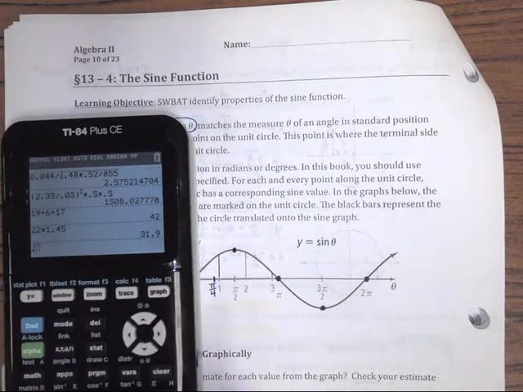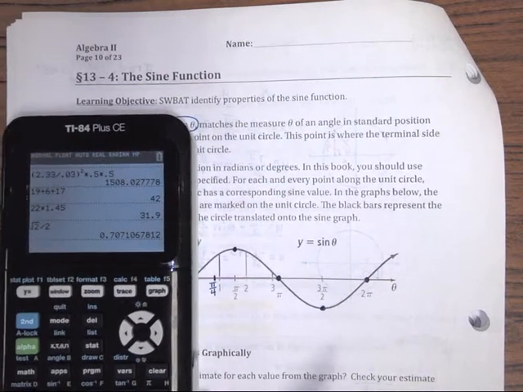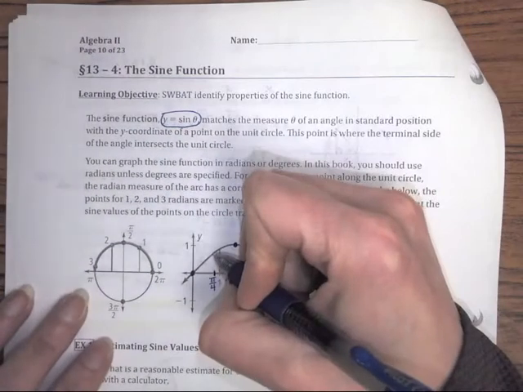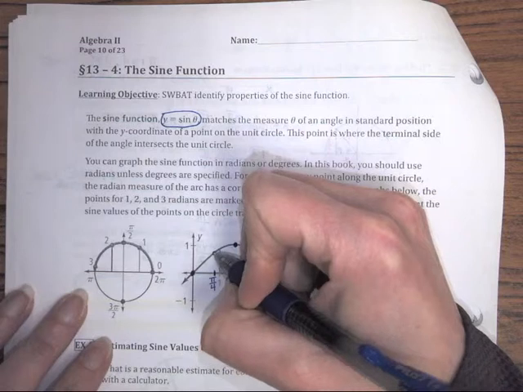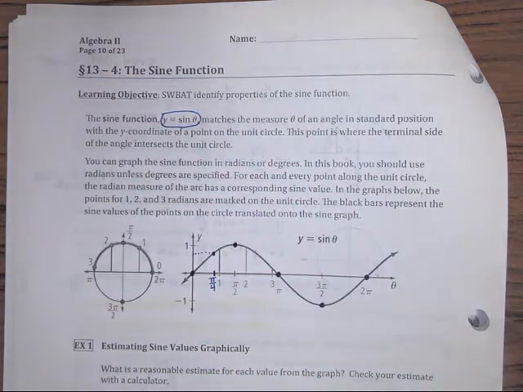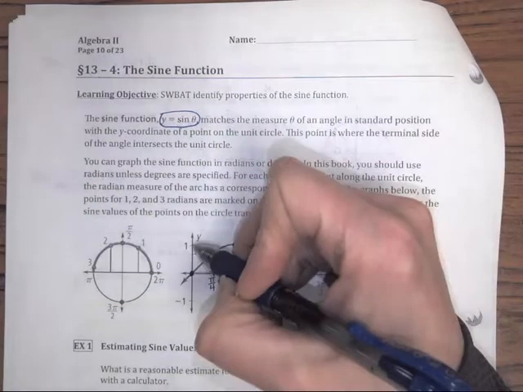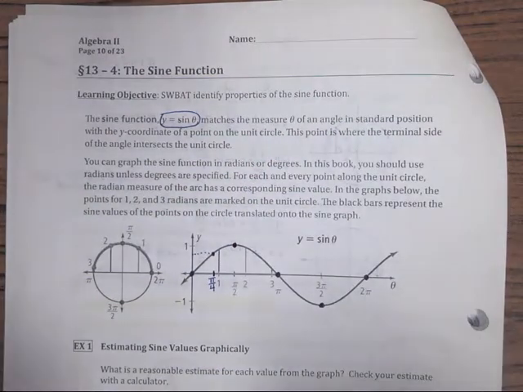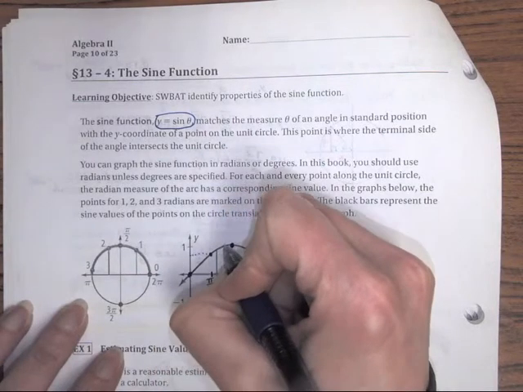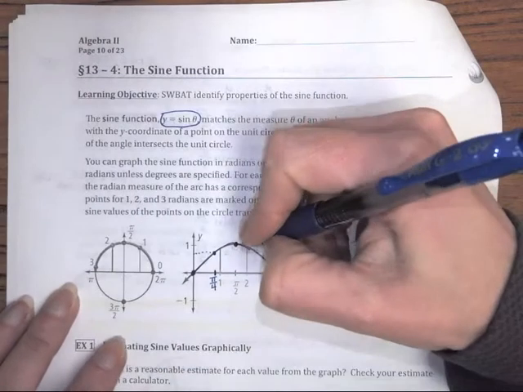So square root of 2, and then we're going to divide that by 2, and we get 0.707, right? So here, 0.707, would you agree, is about this far up if you look over here? That's about 0.7 if this is 1. So this creates our sine curve.